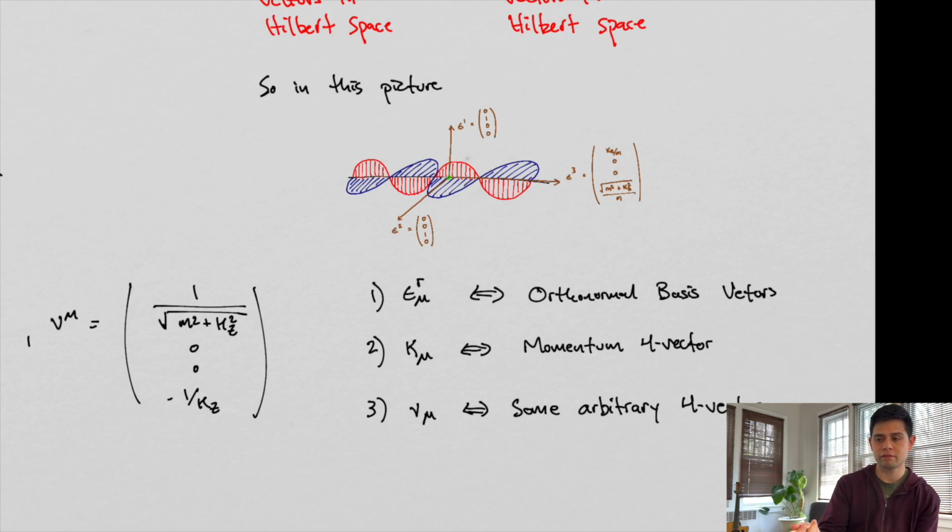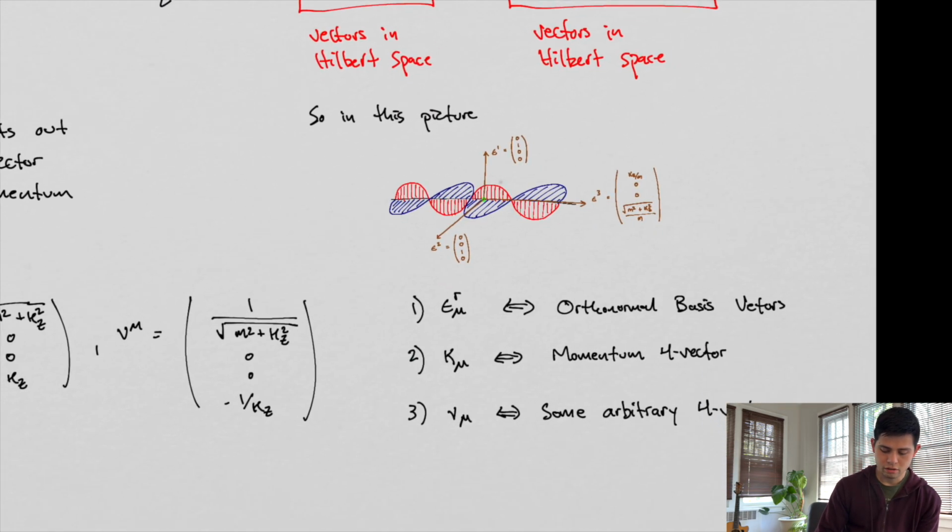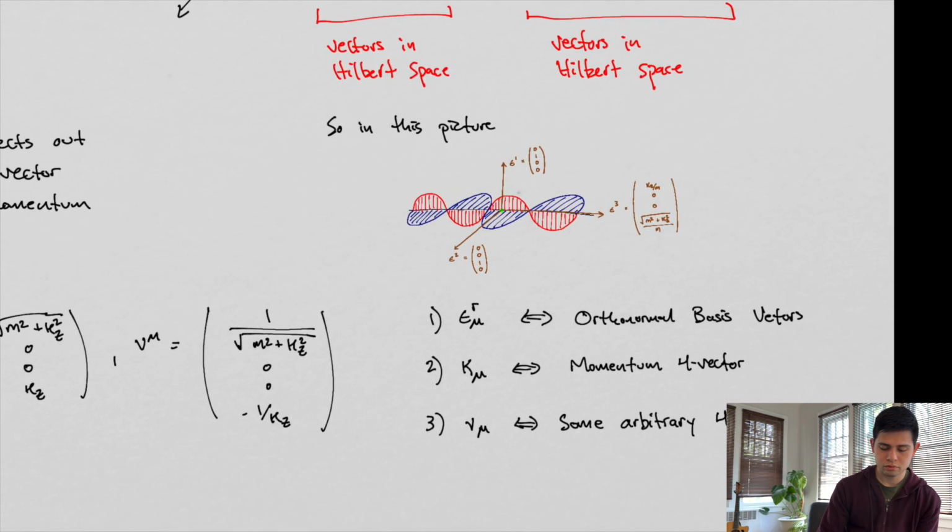When it's traveling in z, now we can construct an orthonormal basis, right? And then we had some arbitrary forward vector that helped us understand the completeness relation in the context of it being an operator, right? And so with all of that being said, that's sort of what I have in this video.